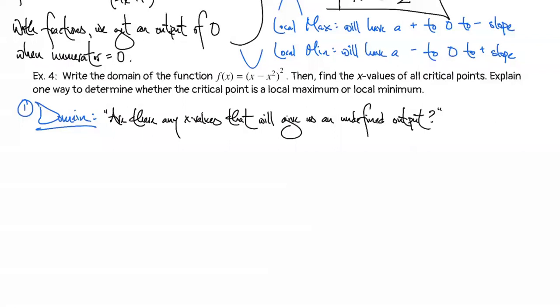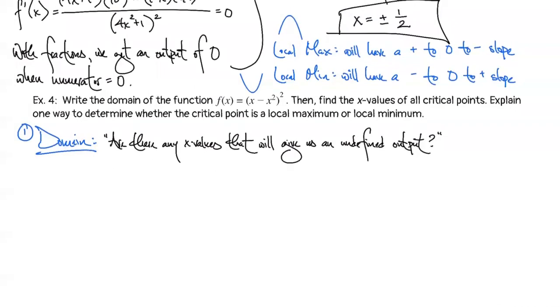What are our thoughts? Because I don't know what this function looks like. Right. We could FOIL it all out, and if we FOIL that all out, what we're going to end up with is some kind of polynomial, okay?